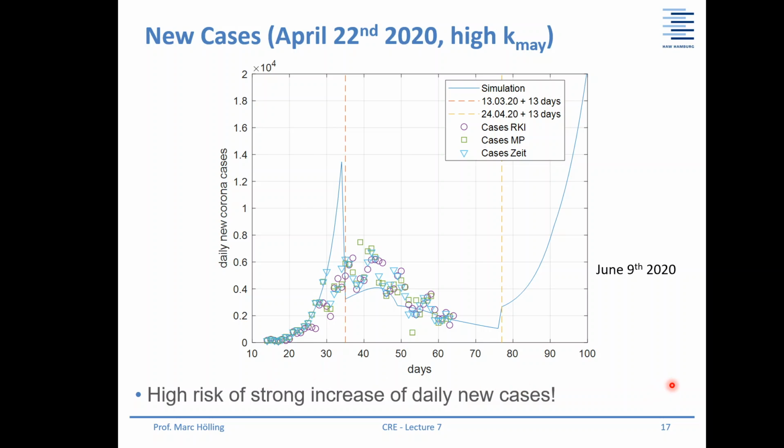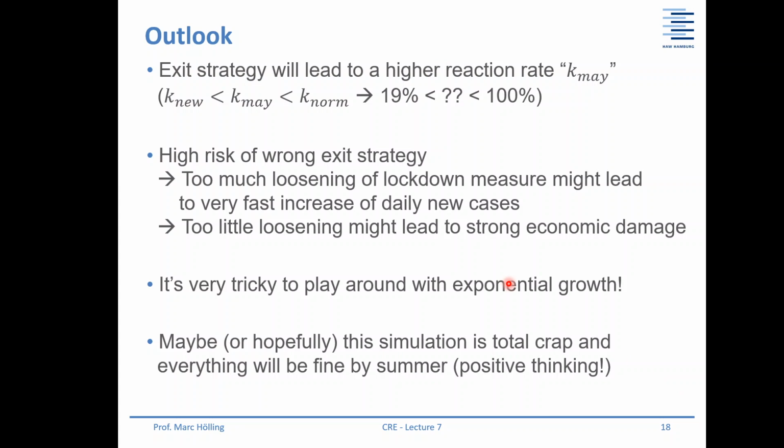So what can we say? I think it's quite obvious that an exit strategy will lead to a higher reaction rate, and somehow it will be somewhere between the new one, so this was 19%, and the normal one, the 100%, so this 3.33 times 10 to the power of -9.